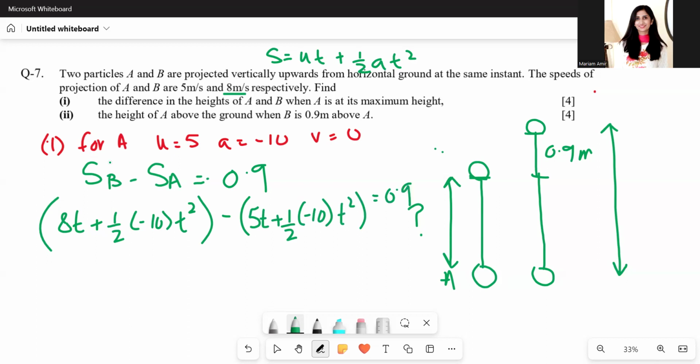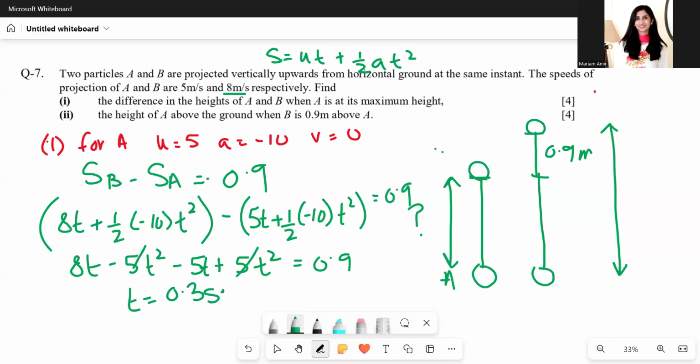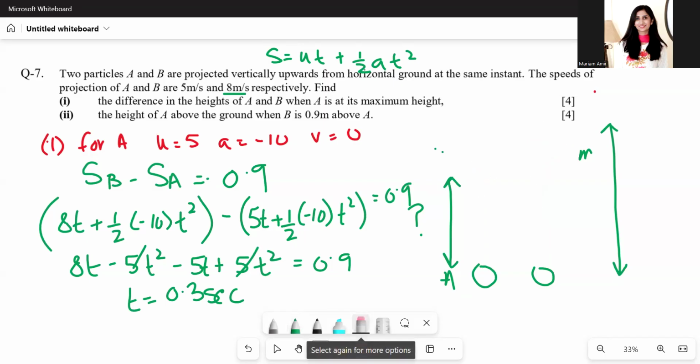Okay, let's simplify this and let's see what we get. This simplified gives us T is equal to 0.3 seconds. Okay. So now we need the height of A above the ground at 0.3 seconds. So let's use another equation of motion.